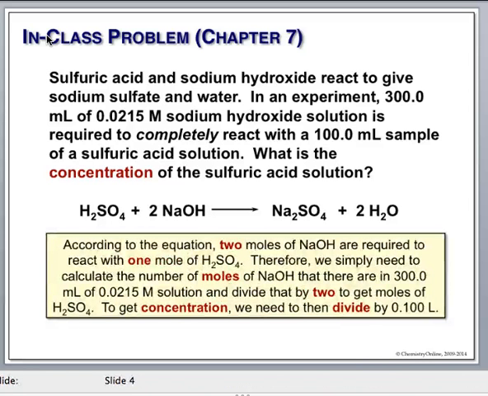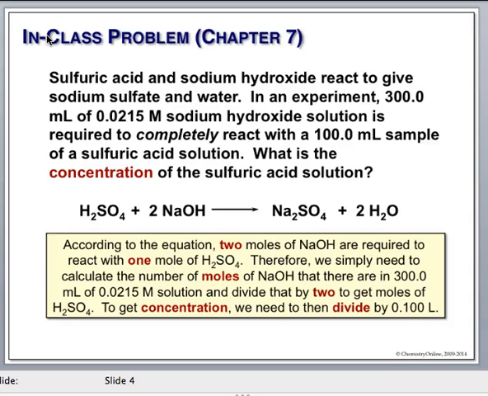We know a concentration and a volume for our sodium hydroxide. Therefore, because concentration times volume is moles, we know how many moles of sodium hydroxide it took to react with the sulfuric acid that we had. Now you look at the stoichiometry here. It takes 2 sodium hydroxides for every sulfuric acid.